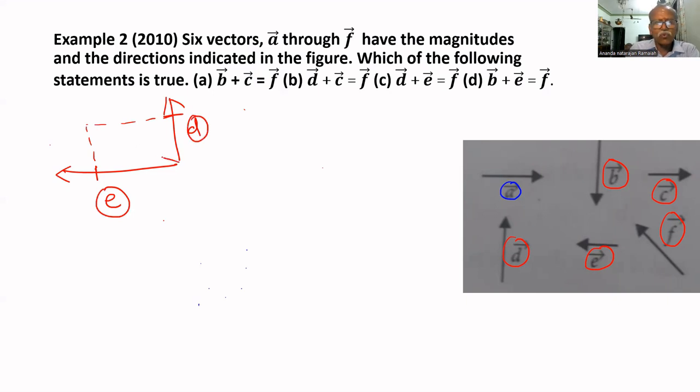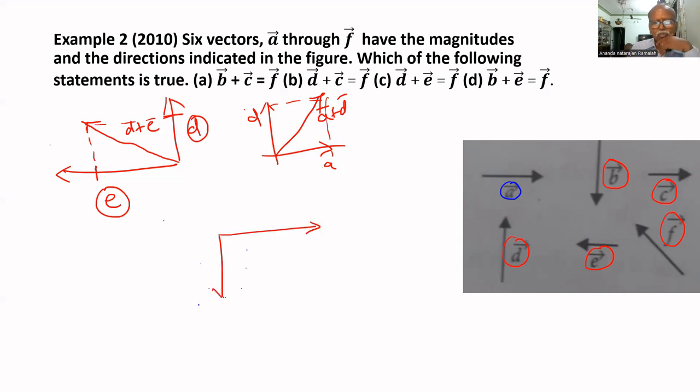But if you add these two, you will get a vector D plus E. On the other hand, if A is this way and D is this way, then adding these two gives a vector A plus D bar like this.